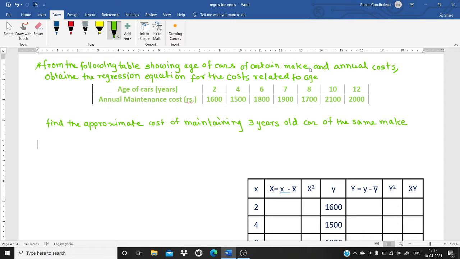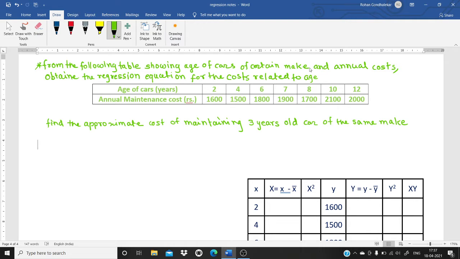The age of cars is provided, the annual maintenance cost is also provided. And further they mention, find the approximate cost of maintaining a 3 years old car of the same make. That we need to calculate.